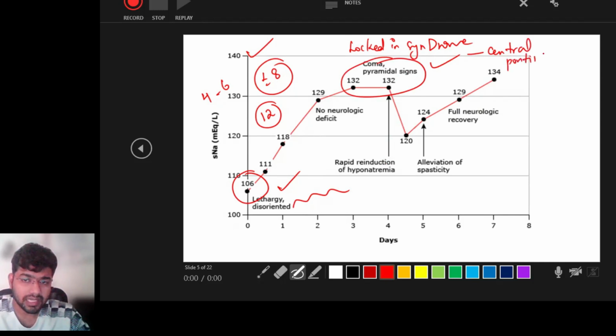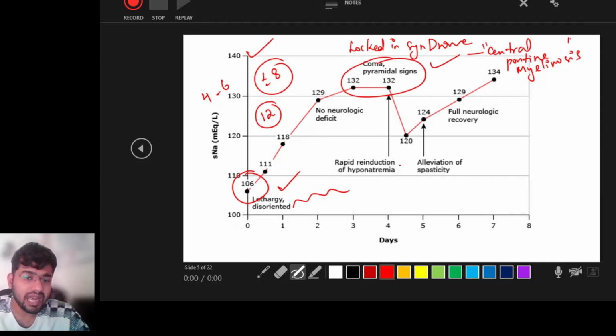As we all know, the pons is a structure where the corticospinal fibers are densely packed. Any lesion there can lead to spasticity in both upper limb and lower limb along with weakness. And this is also called locked-in syndrome, meaning the patient will be quadriplegic and will only have extraocular eye movements.